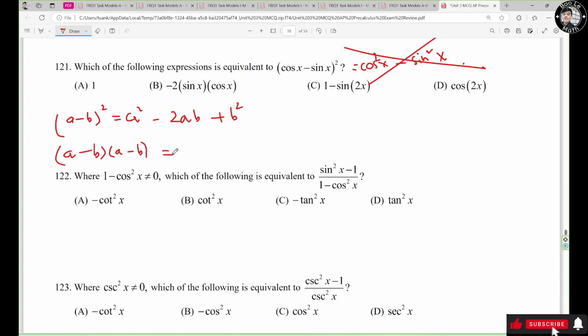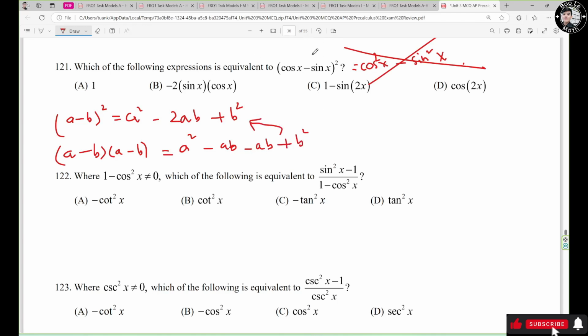And then you just FOIL this, or you use the box method. If I FOIL this, a times a is a squared. A times negative b is negative ab. B times negative a is negative ab. And negative b times negative b is b squared. And if I simplify, it looks like this.